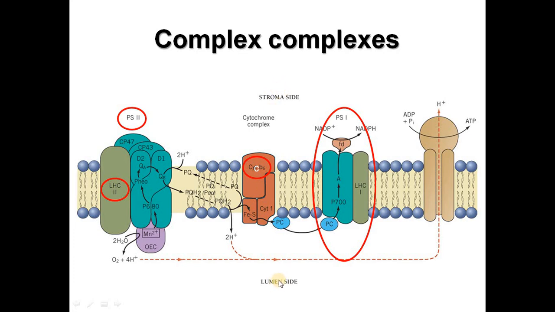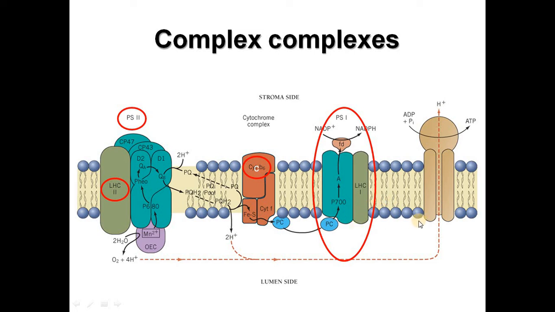The hydrogen protons try to go back onto the stroma side, but they cannot do that. So every time the electrons come to any of these transmembrane proteins, in addition to carrying the two electrons, they will pump two hydrogen protons into the lumen side. At the end of the electron transport chain, here you can see the ATP synthase.